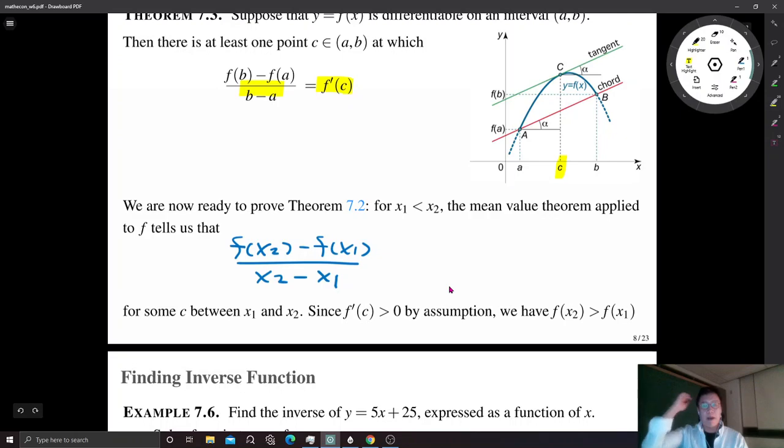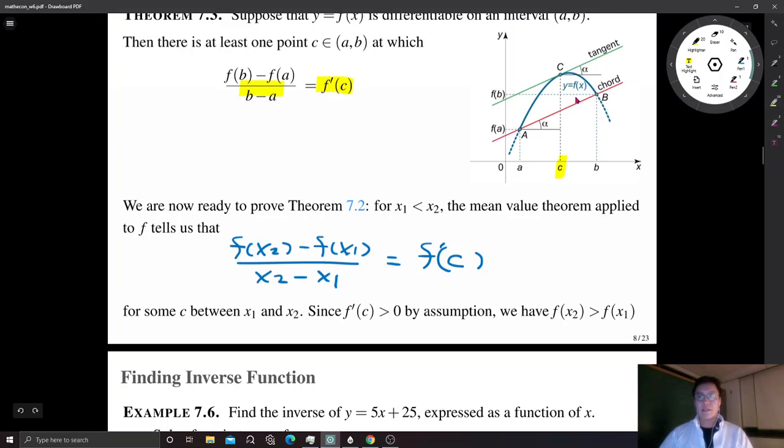By the mean value theorem, there is a point c between x1 and x2 where the derivative takes the same value as this rate of change.